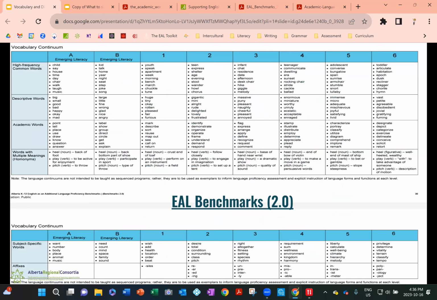Now, this isn't an exhaustive list at all, but it can give you some key indicators of where your students are at in terms of vocabulary. Say I'm not seeing them use words like gigantic or huge, so I'd like to get them to move towards massive or enormous. It gives you a gauge of how you can slowly build up students' vocabulary knowledge.